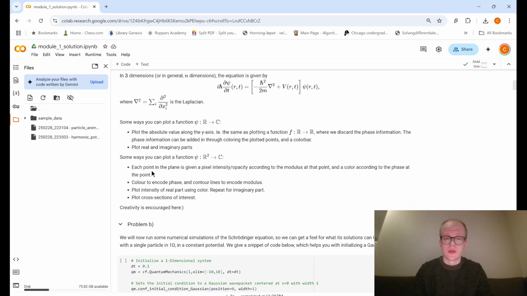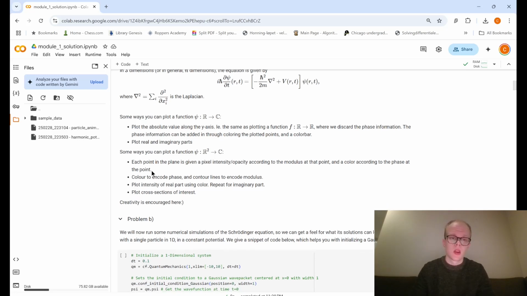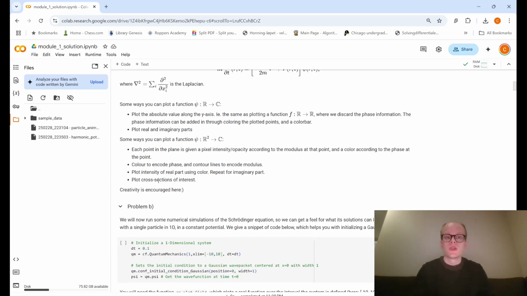When moving to a function from the real plane to the complex numbers, you can give each point in the plane a pixel intensity according to the absolute value of the complex number that you assign to that point. And you can give a color according to the phase. That's one way you can do it. Or you can use color to encode phase and contour lines to encode the lines where the modulus is the same.